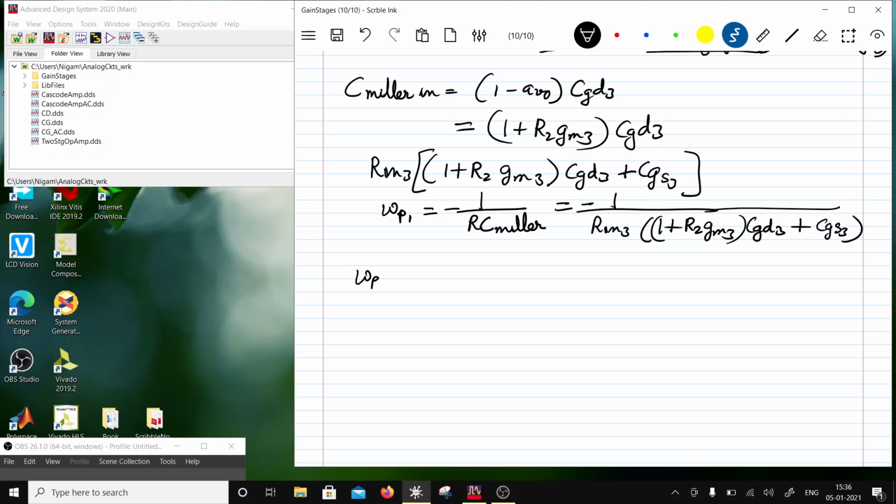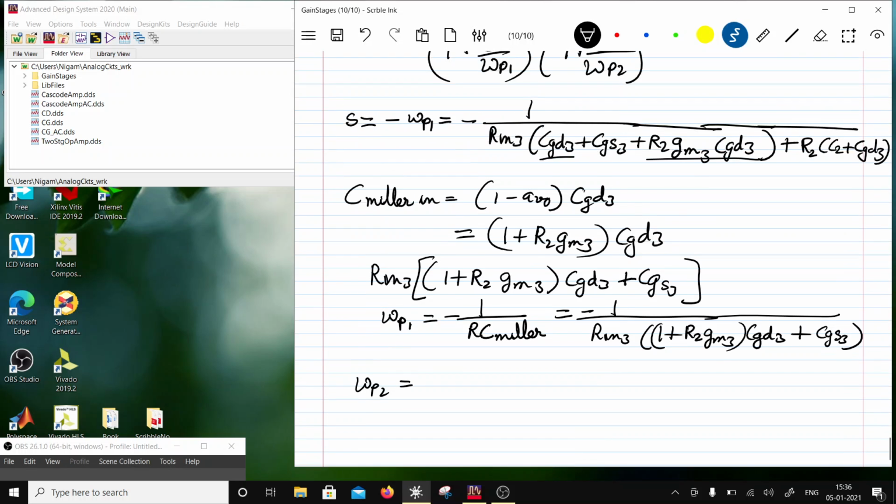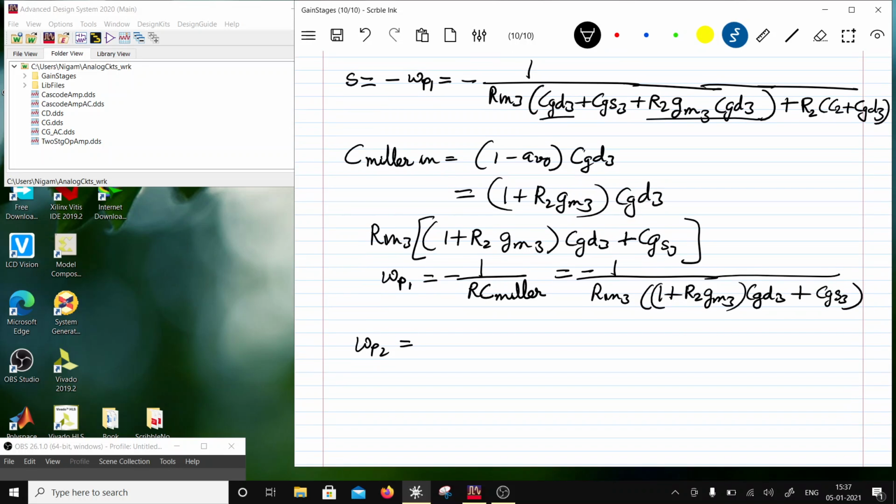Okay, what about WP2? In this case I would simplify this. Let's take out the dominant term as just the Miller part, so it will be just R2 R in 3 times CGD3.